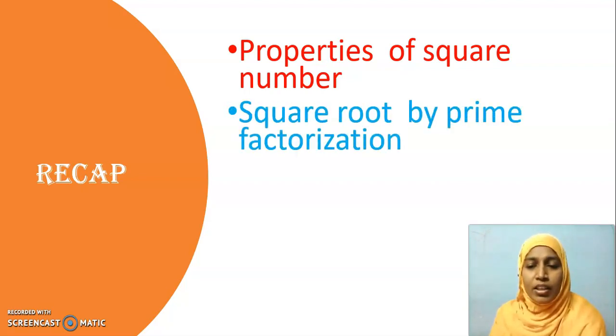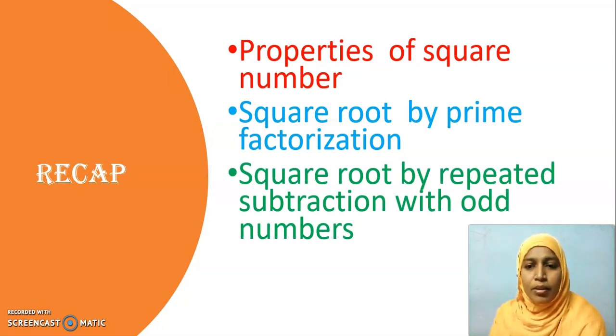Then we learned how to find square root by prime factorization method. Then we practiced finding the square root by repeated subtraction with odd numbers. But it is a very tedious thing. We cannot make use of this method for very big numbers and it is not suitable.